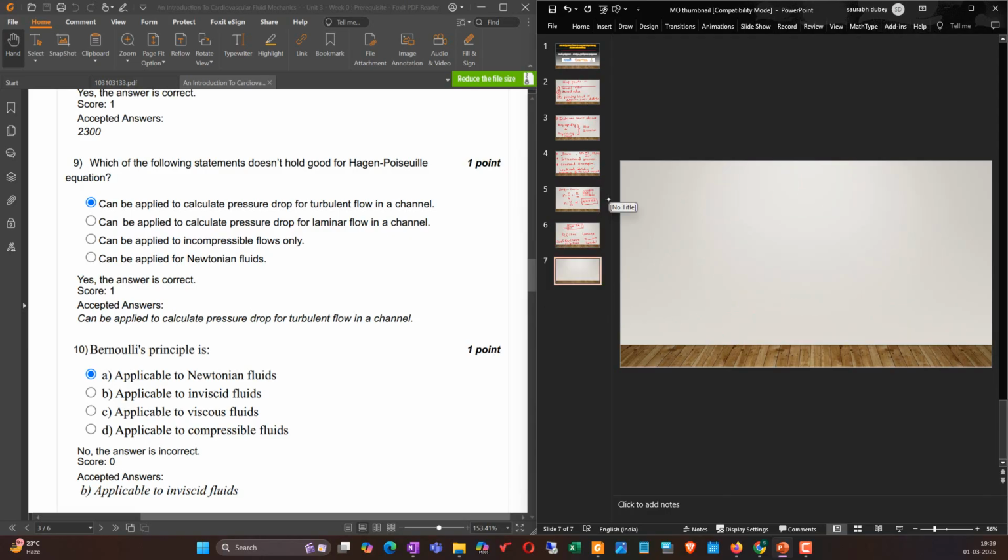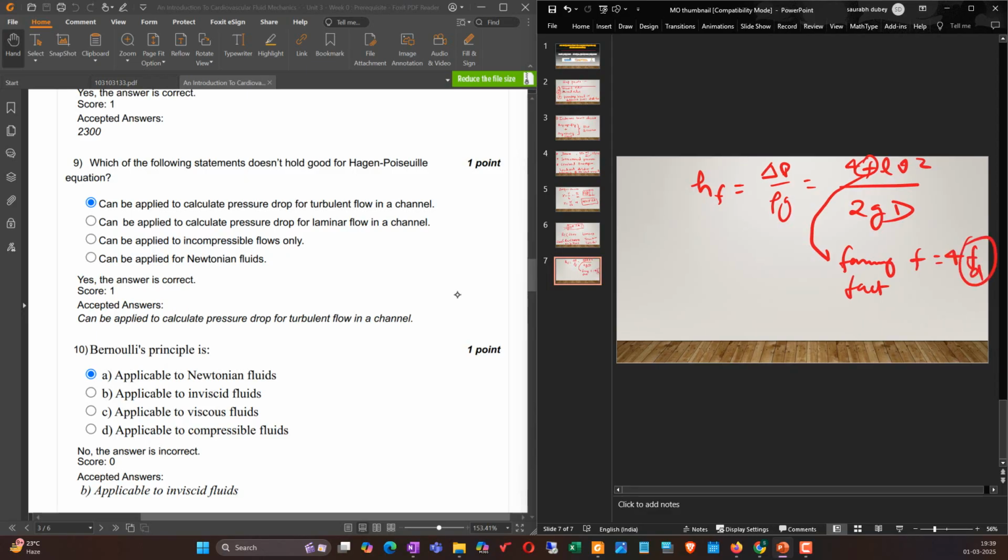If you remember, it is hf, which is delta P by rho g, equal to 4fLv squared upon 2gD, and here this f is the Fanning factor. Fanning factor f is equal to Darcy f divided by 4.